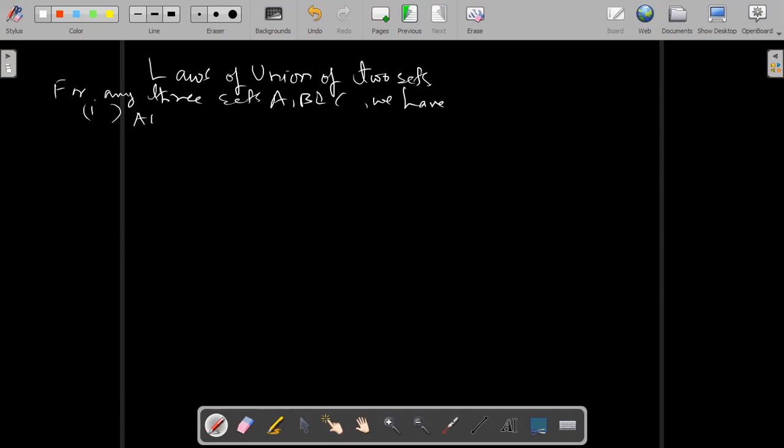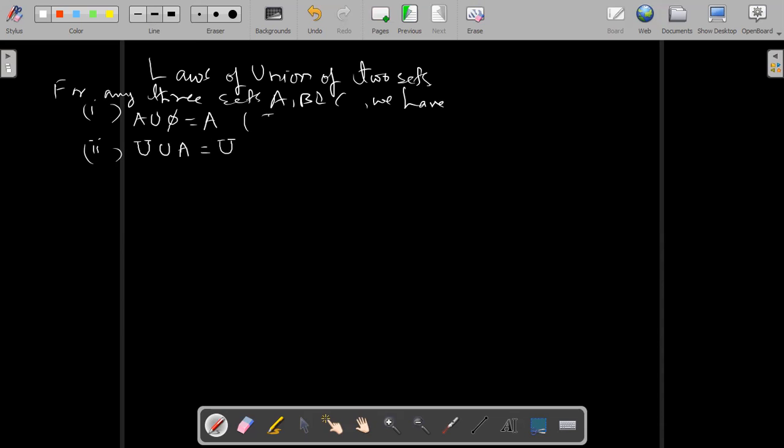It says that if you find A union null set, if you add a null set to any set, there will be no effect on the set. So A union null set will be A. And if you find the union of any set with the universal set, it will remain the universal set.